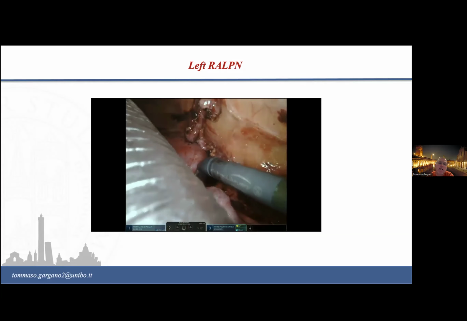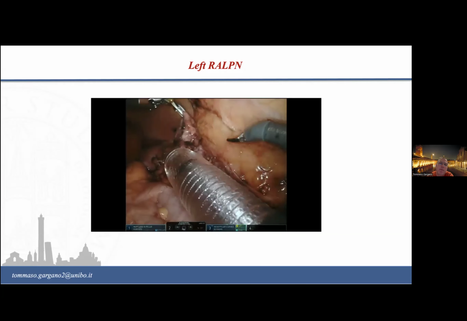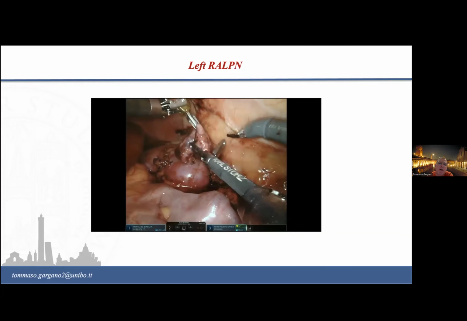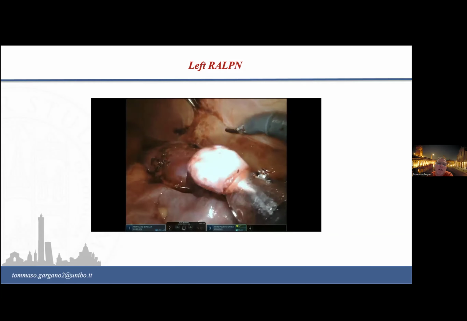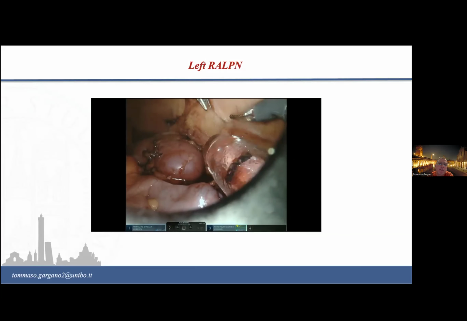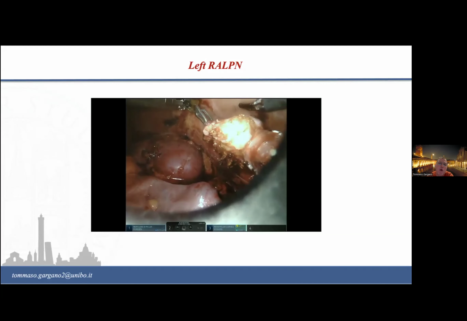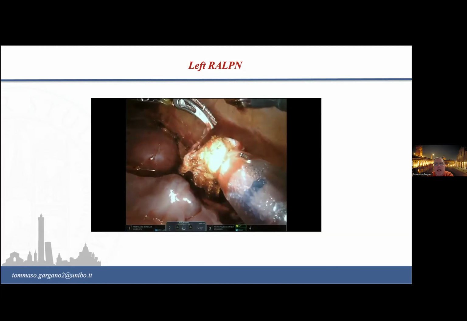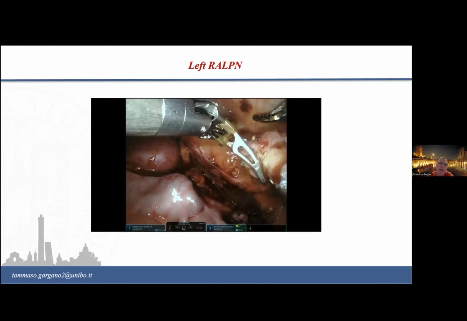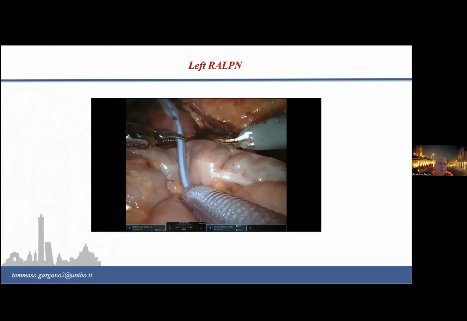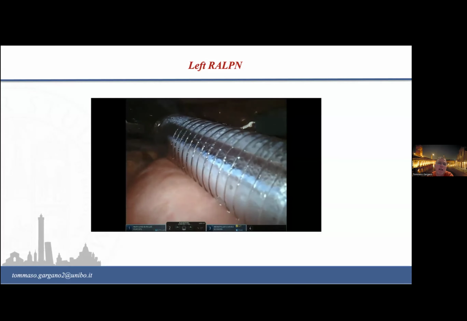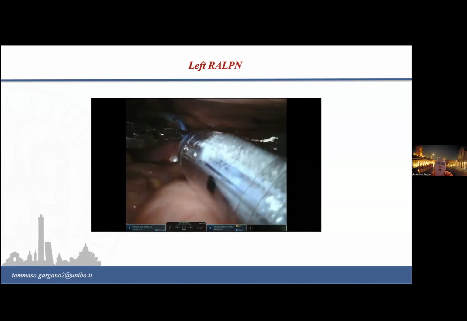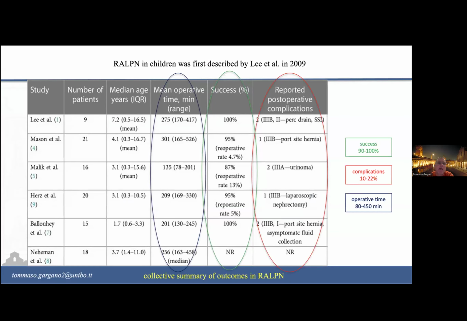You see the last step, the extraction of the specimen through the 5 mm accessory port, but when it's large, it's not possible to extract it by the accessory port, and a small incision in the iliac fossa is required. We always leave the drain for 24 hours.